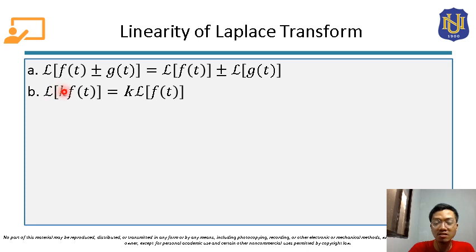So if this is a constant, we can just take that out. But if it's a product wherein the components are not constant, we cannot use linearity of Laplace transform directly to that. We cannot do that. So we have to transform that product into its equivalent sum or difference.